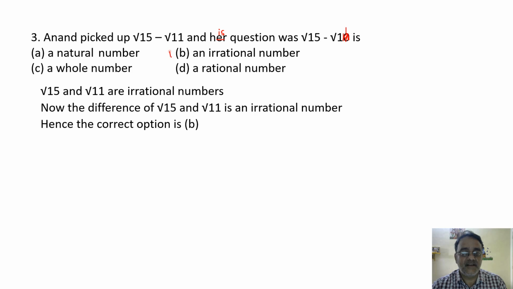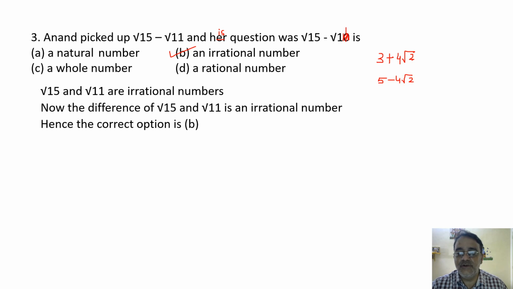Right. We cannot say that the difference of two irrational numbers is always an irrational number. I will show you one example. See, 3 plus 4 root 2 is an irrational number, and 5 minus 4 root 2 is another irrational number.